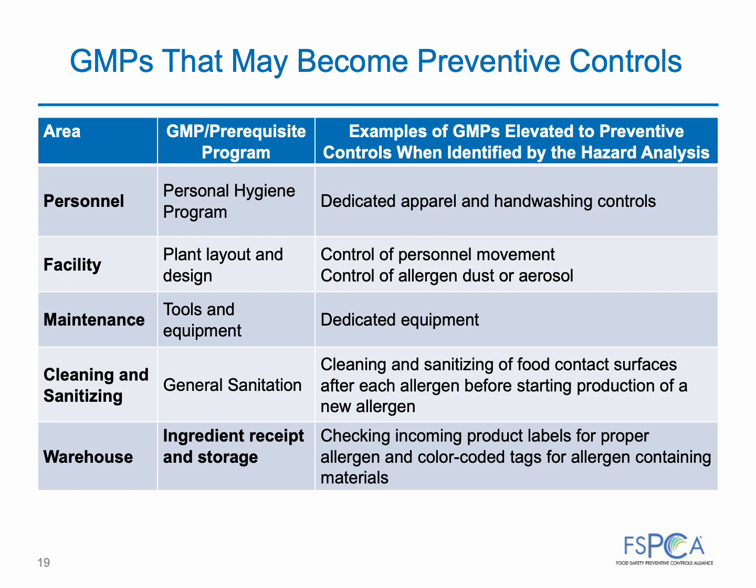A thorough understanding of where allergenic ingredients exist in the manufacturing environment, how the allergenic ingredients are handled, and where allergenic ingredients are introduced into the process can influence whether practices are managed as GMP, a prerequisite program, or as a preventive control.